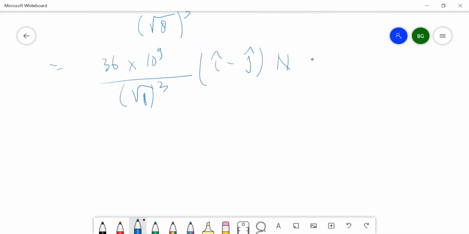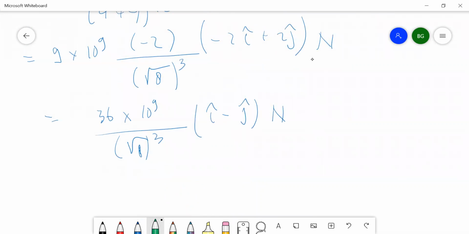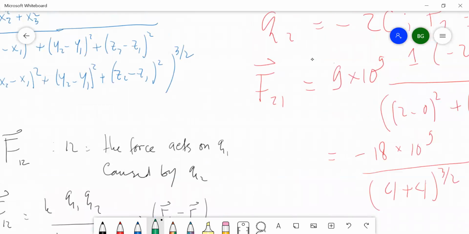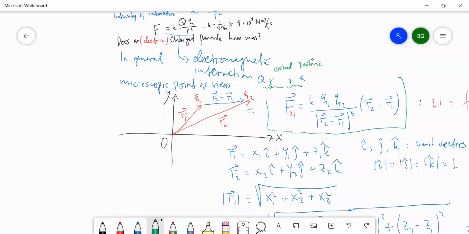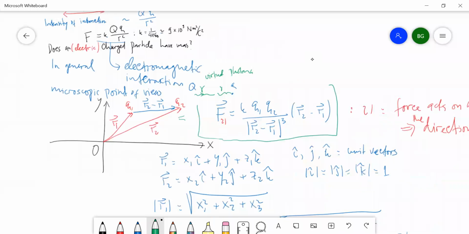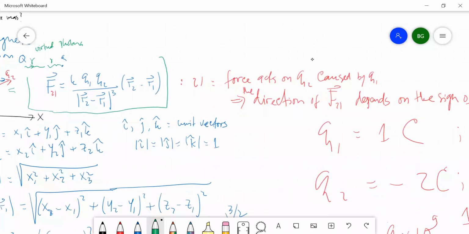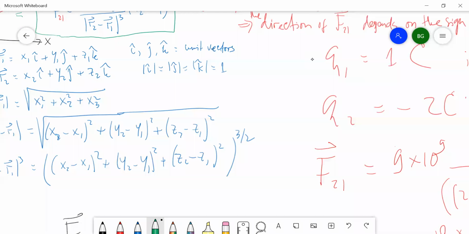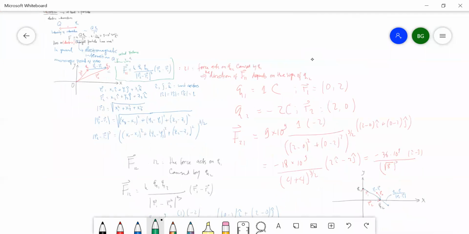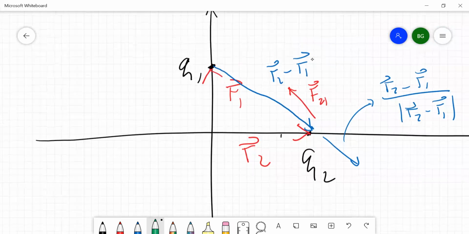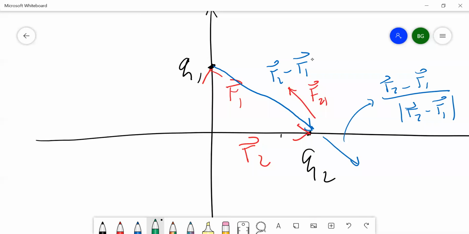So in this case, the i component is positive and the j component is negative. So this is the direction of F21.